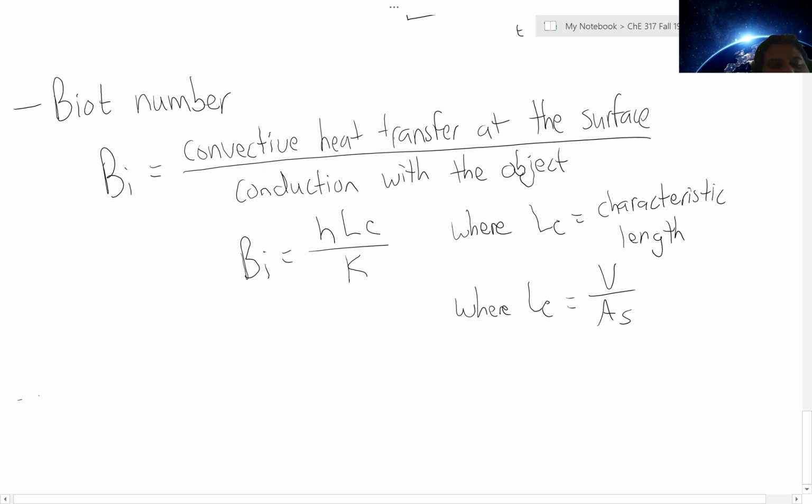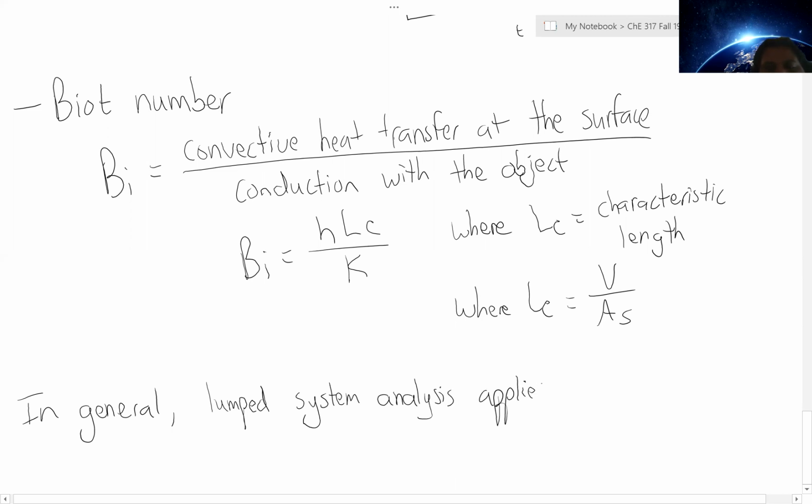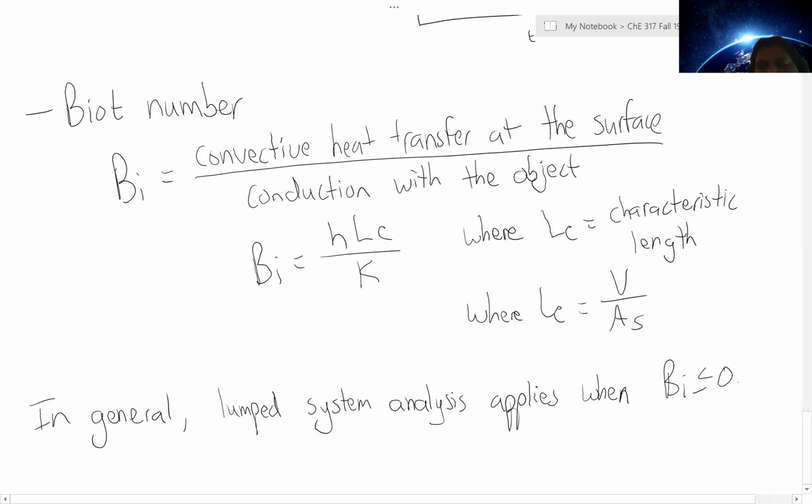And in general, a lumped system analysis applies when our Biot number is less than or equal to 0.1, meaning when convection becomes our limiting factor in our heat transfer system.